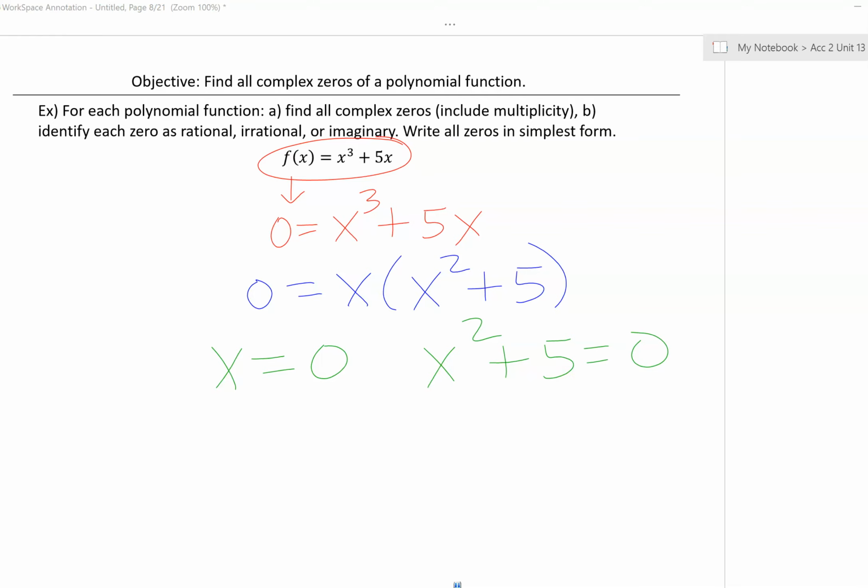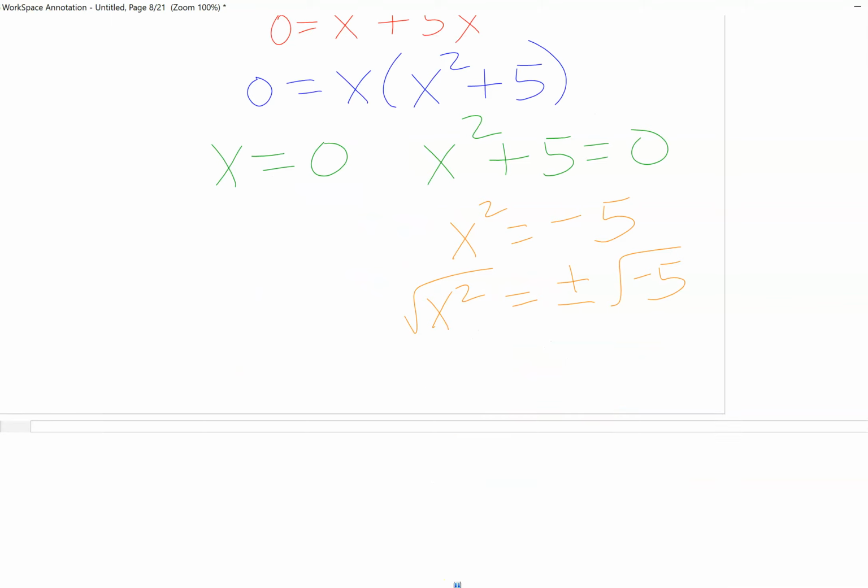For this one, the second one here, to continue to solve, we would subtract 5, then take the square root of both sides. We get the square root of x squared equals plus or minus the square root of negative 5. That is going to give us x equals, this of course is the square root of 5 times the square root of negative 1. That's plus or minus the square root of 5 times i.